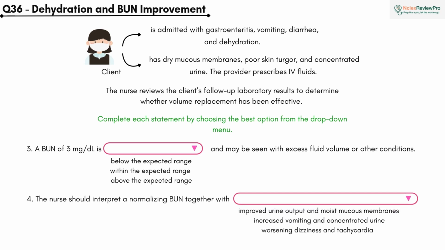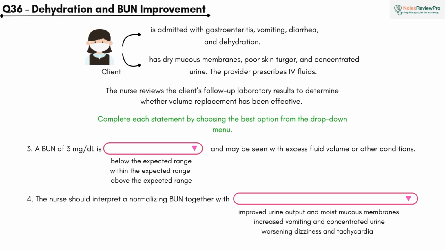The nurse should interpret a normalizing BUN together with blank: improved urine output and moist mucous membranes, increased vomiting and concentrated urine, worsening dizziness and tachycardia. Take a moment to consider all options and think about your answer.